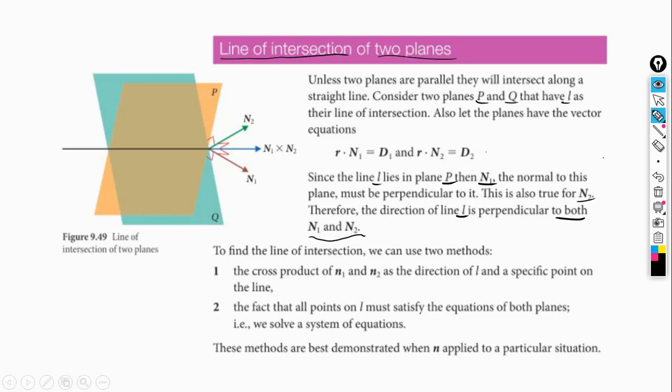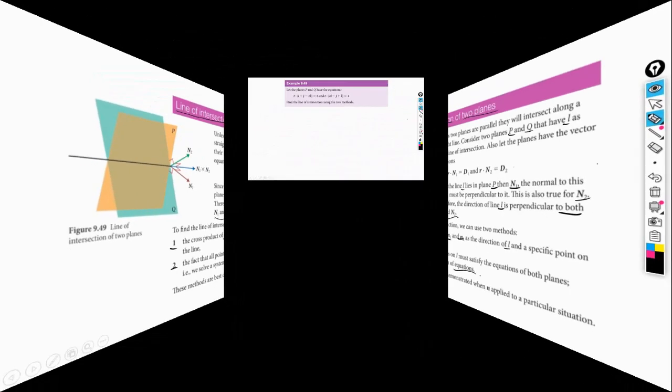So to find the line of intersection, we can use two methods. First method, the cross product of the normals n1 and n2 as the direction of L, and a specific point on the line. And second, the fact that all points on L must satisfy the equations of both planes. In other words, we solve a system of equations.